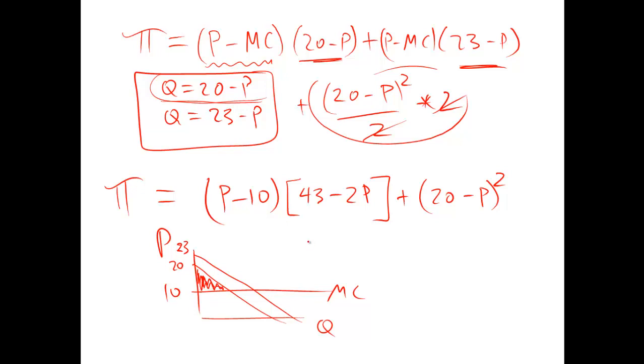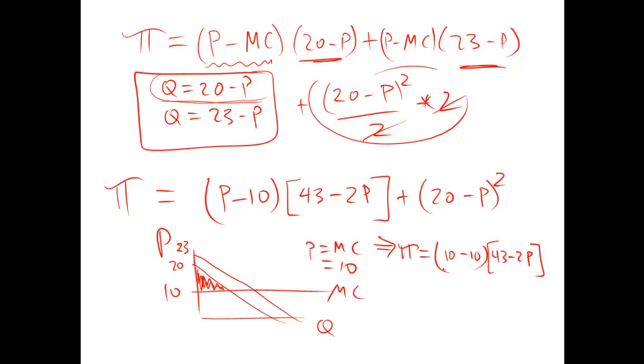So let's think about P equals MC and find out what's profit. P equals MC implies profit equals... Well, MC, of course, is 10 here, so profit then would equal 10 minus 10, which is, of course, 0, times that 43 minus 2P.